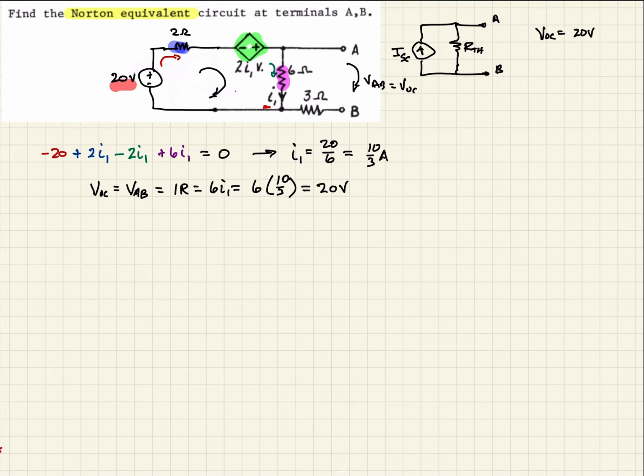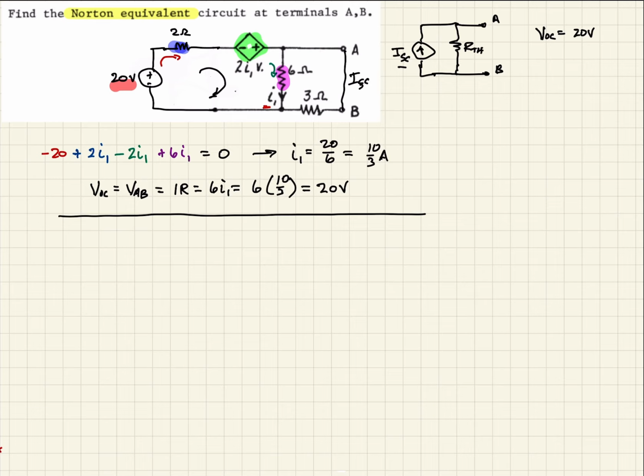So now we need to figure out what the short circuit current would be. And so that would be, if we were to short this out, put a wire here and short it out, what current's going to flow here? And that's going to be our ISC. And that's what's going to be part of our Norton circuit.